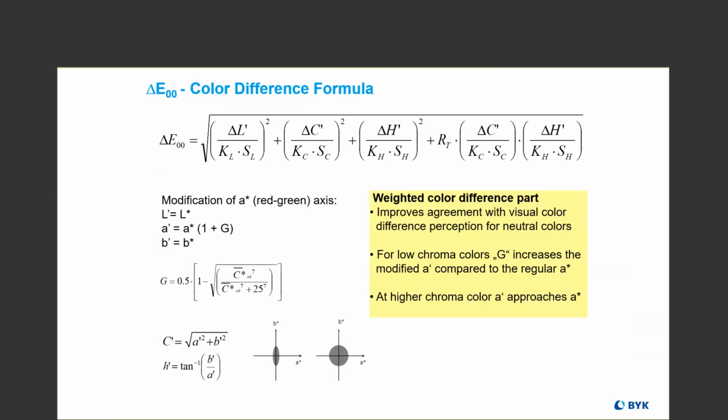There are newer equations for multi-angle colors, for colors that are measured with a multi-angle spectrophotometer. There are specific color difference equations for measuring at multiple angles, and there are newer ones in those, like DeltaE Audi and things like that. But for solid color, I think DeltaE 2000 is the newest one.